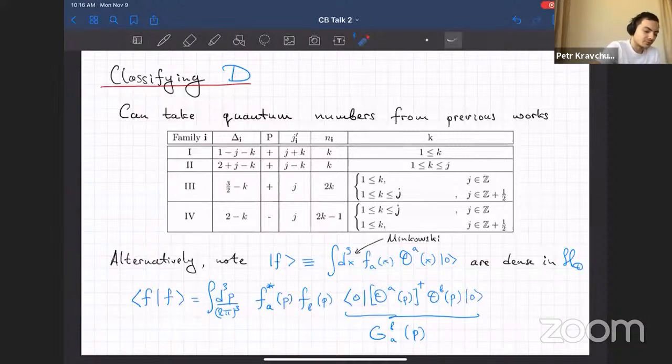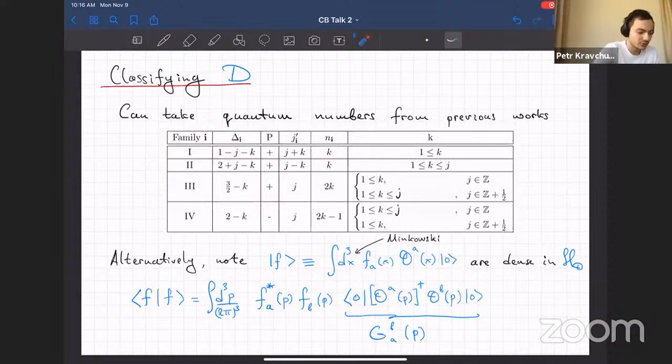So you have some integral over p of some function of p times these things. Having null states, having states which have zero norm, can only happen when this matrix G_ab of p has zero eigenvalues for some values of p. And so we can explicitly compute this G_ab of p and see when it has zero eigenvalues for some value of p.